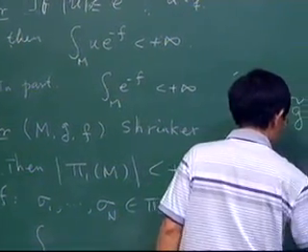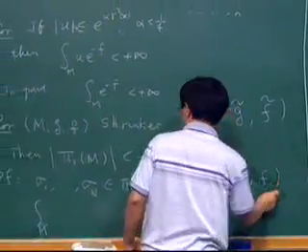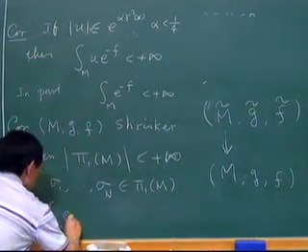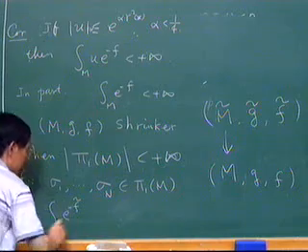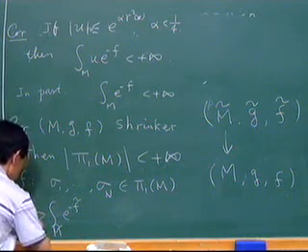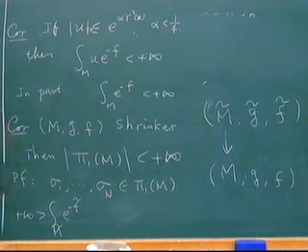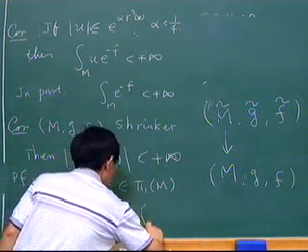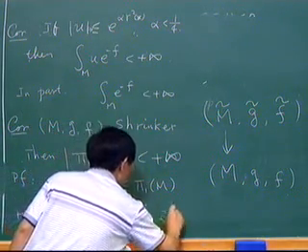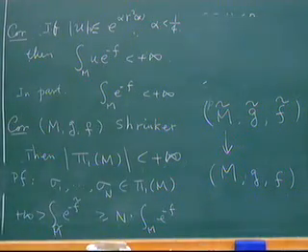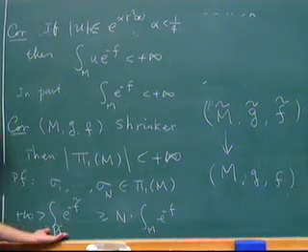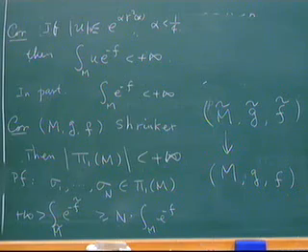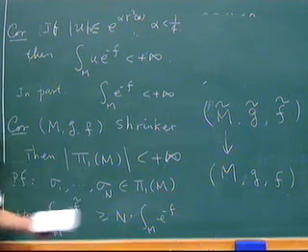You have g, f here. So you have the integral of e to the minus f, which is finite, which is bigger than or equal to n times the integral on M. Of course, it's positive, it's finite, so n is finite. So the fundamental group is finite.